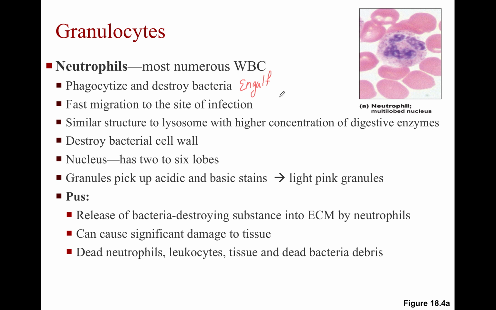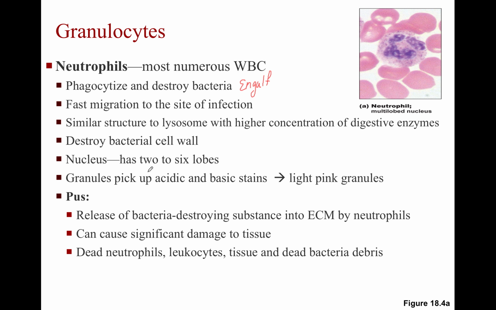Again, if you recall, phagocytosis is a form of endocytosis where your white blood cells bring foreign material into the cell. They have an ability to migrate to the site of infection at a relatively fast pace. So it is one of the first cells that are present at the site of infection.